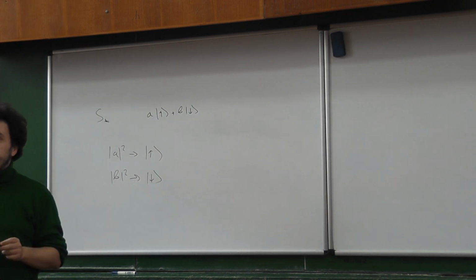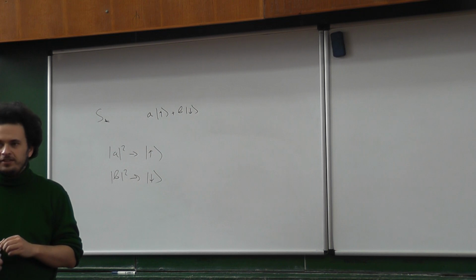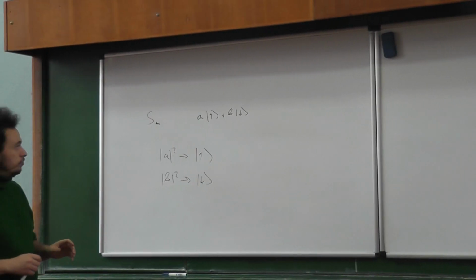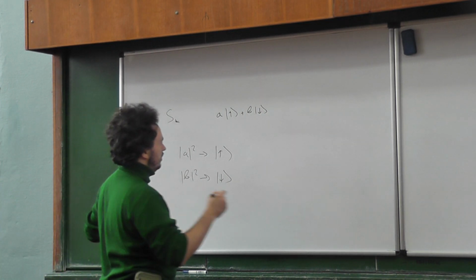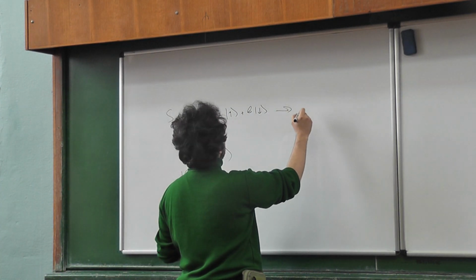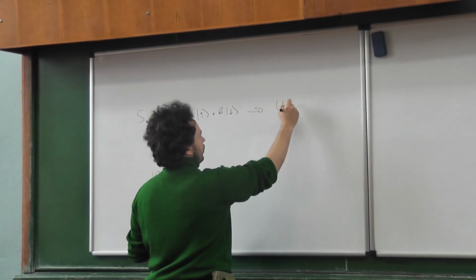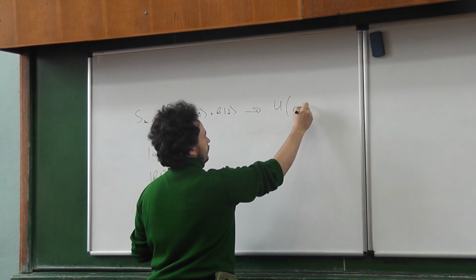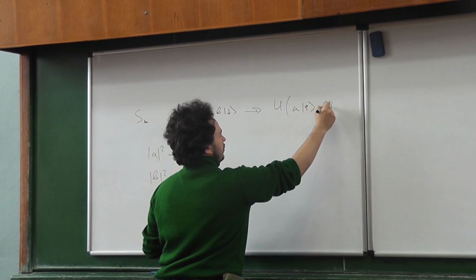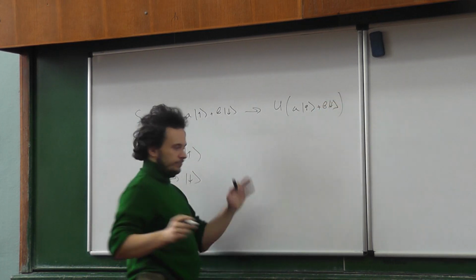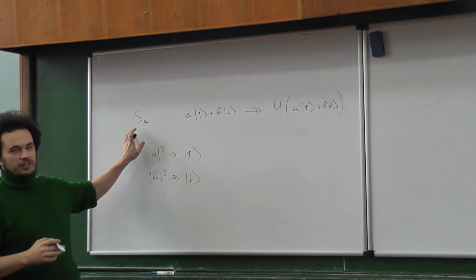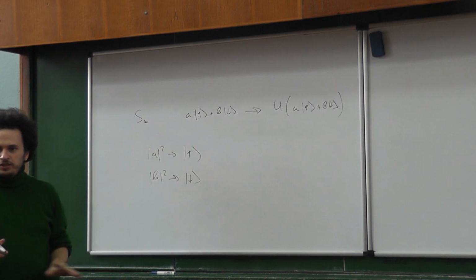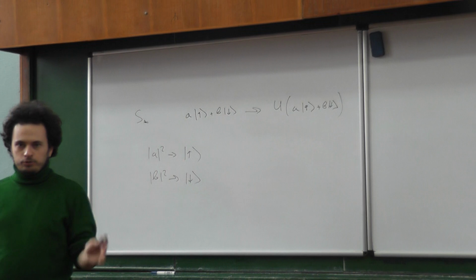What we're going to do today is something different. We're going to do some measurement, and as a result of that, a state like this will go to some unitary operation times A up plus B down. Of course, this is not going to happen just like this. I will need to define a system that allows me to do that.